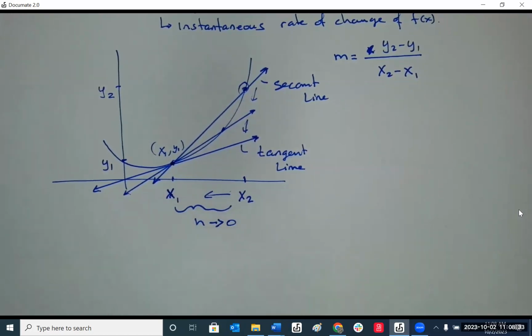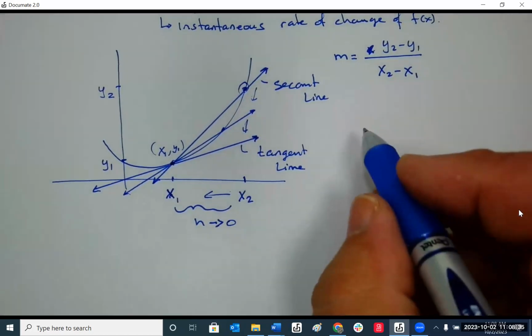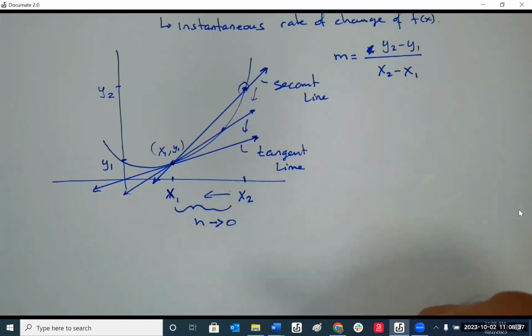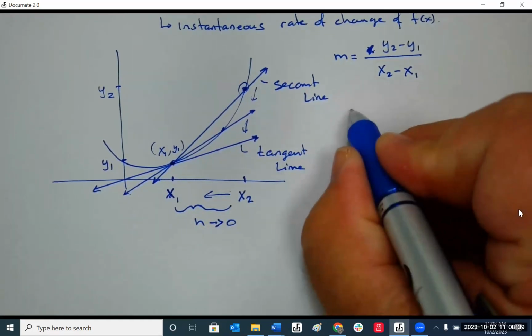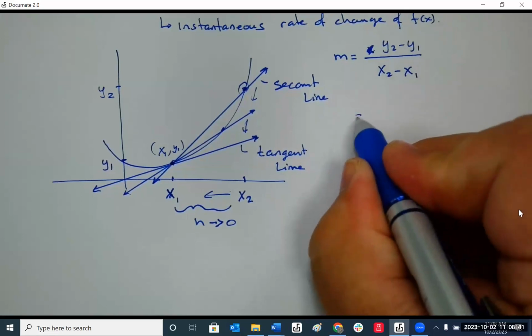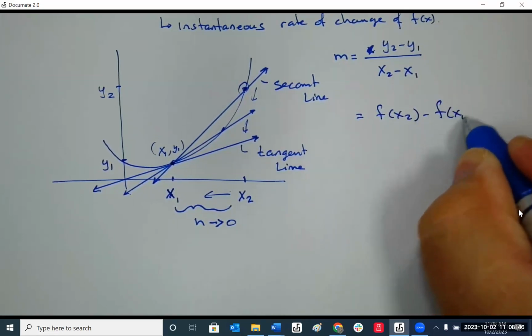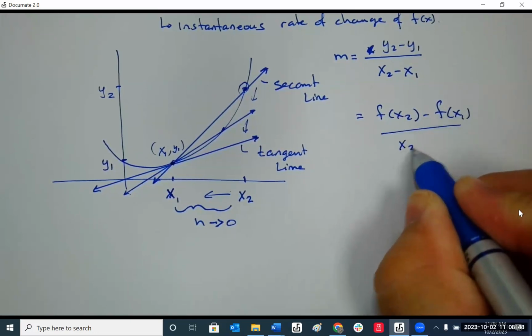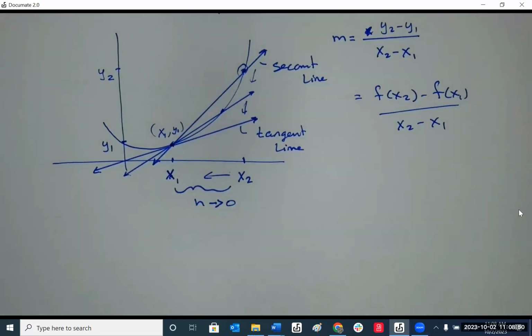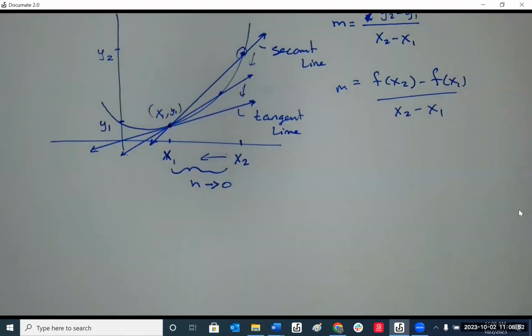So in order to do that, what do we need? We need an equation that has only one point. And we can't do it with this. We can't find the slope of the line tangent with 2 points.